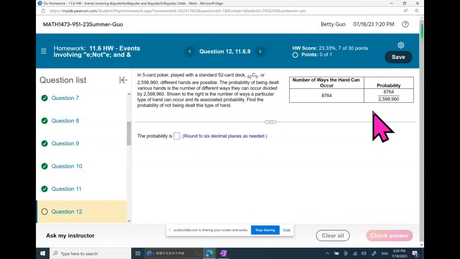Okay, use the calculator. 1 minus, left parenthesis, 8,764 divided by the denominator 2,598,960. Close the parentheses.